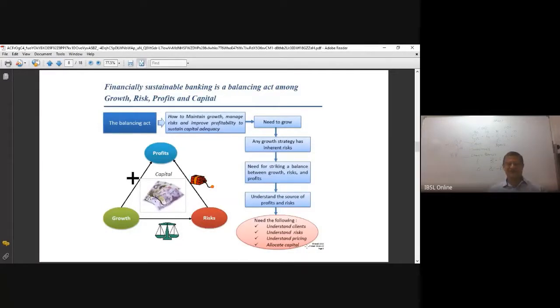Profits, growth and risk. Banks are there to make profits. Any company for that matter, any institution, the objective is to grow whilst making profit. But while doing that, they have to undertake various strategic decisions that involve risks.